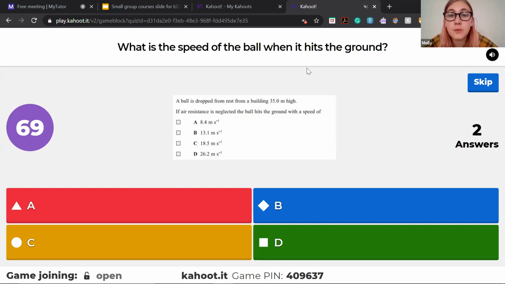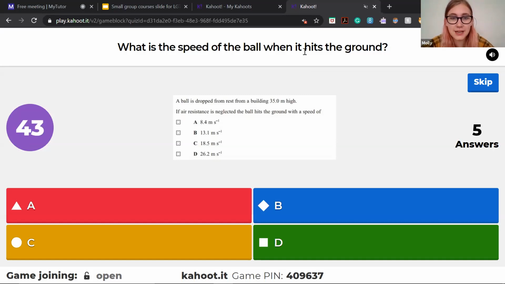Now, the other thing that you will need to know here is that acceleration there will be minus 9.8. That is the acceleration due to gravity because it's just falling. So remember that A is minus 9.8. Or actually it might be 9.8 if you count that way as positive. 9.8 is the value that you need to use.